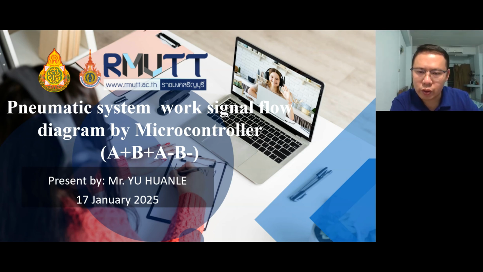Dear Professor, I would like to submit my homework number 4 about a pneumatic system whose work signal follows a diagram controlled by a microcontroller to control A plus, B plus, A minus and B minus.